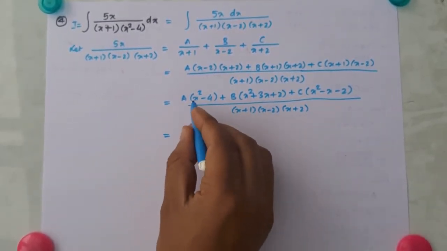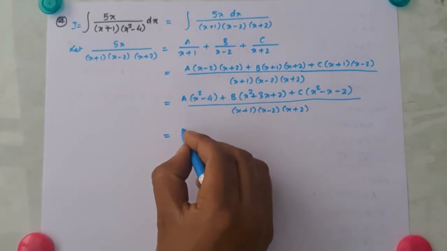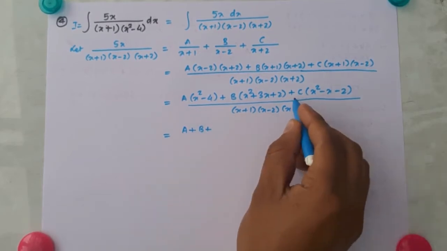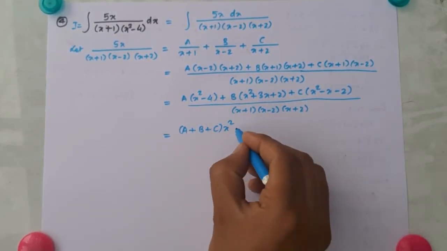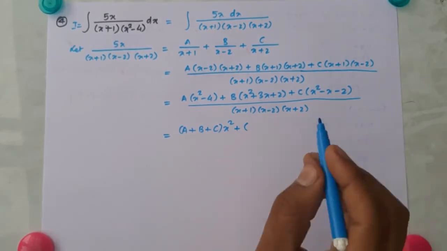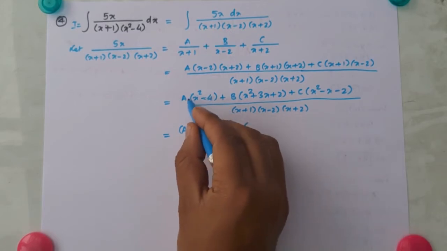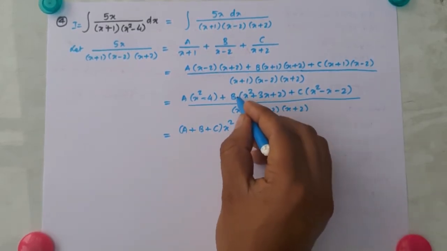Now let's see what is the coefficient of x square. So it becomes a, from here you get plus b, and from here you get plus c. So this is your x square. Now plus we have the coefficient of x, so from here minus 4a, minus 4a is just a constant, so from here we get 3b, isn't it?